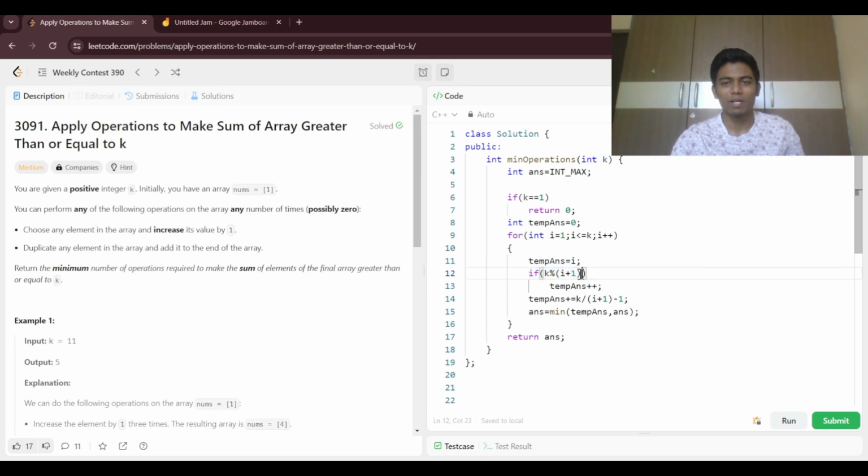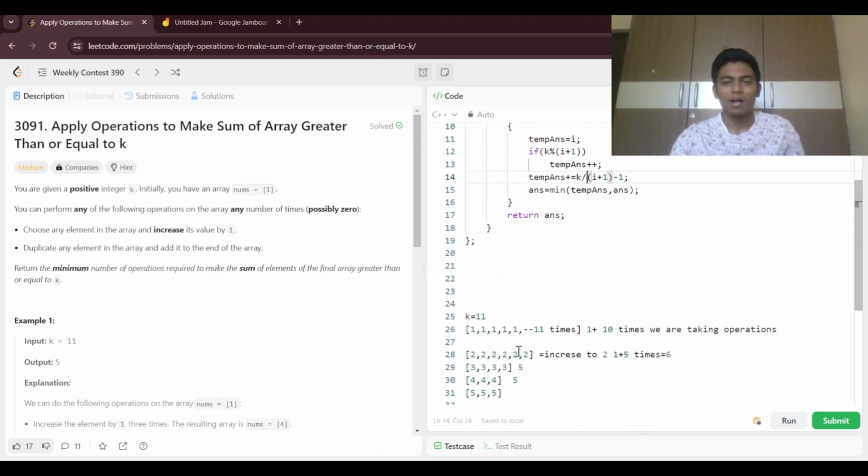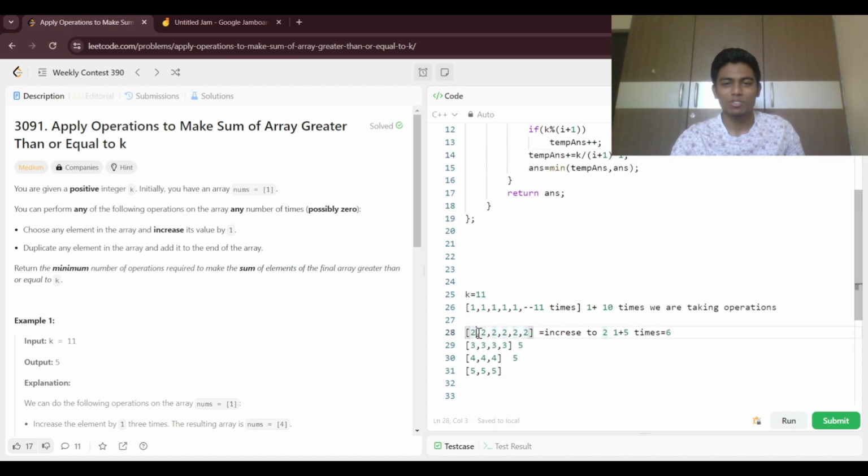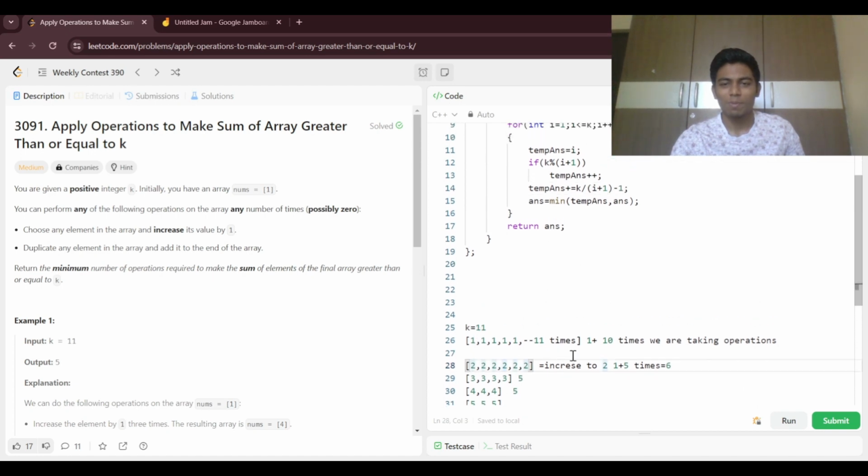Suppose I have a remainder, then I am going to consider an increment of this. Suppose I have this element which is 2, and this element which is 11. For this I am going to consider how many times this i plus 1 should be present, so that we get k divided by i plus 1.